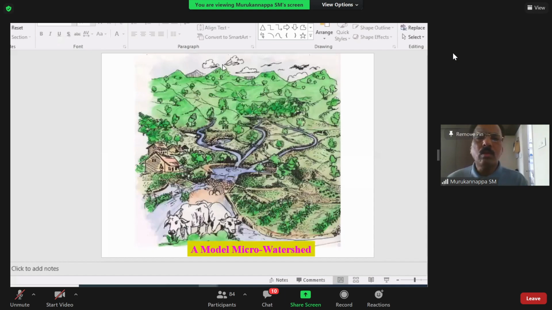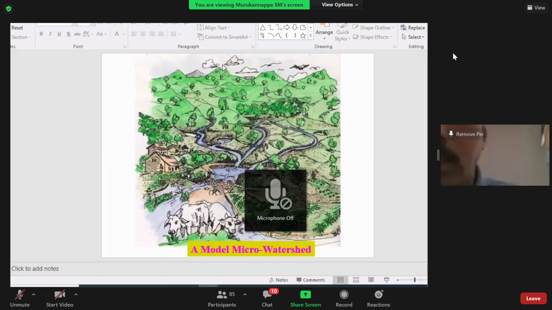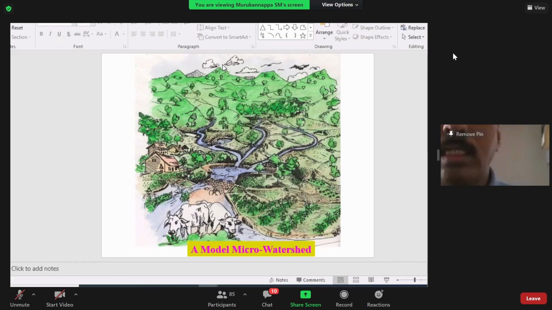If you want to go for adopting any conservational measures in a given location, the delineated boundary is nothing but you making the ridge point. I will explain in a simple way. I already explained the watershed.